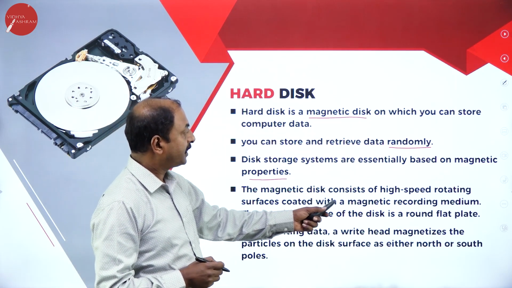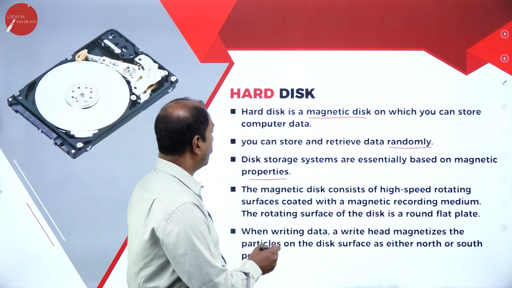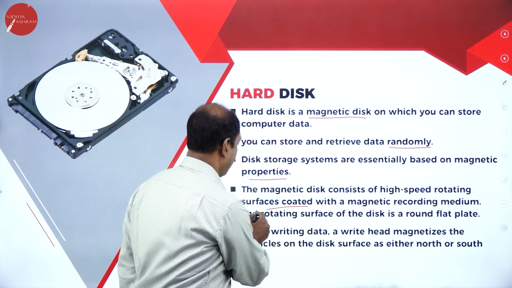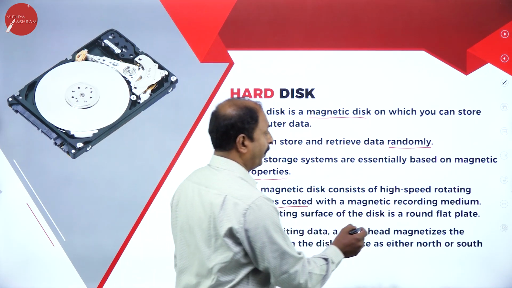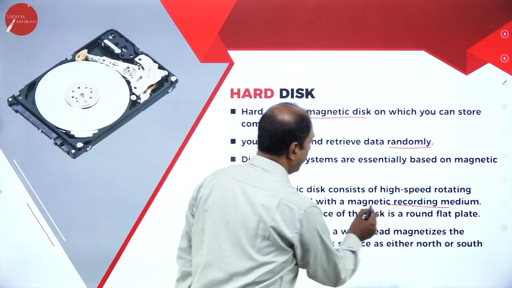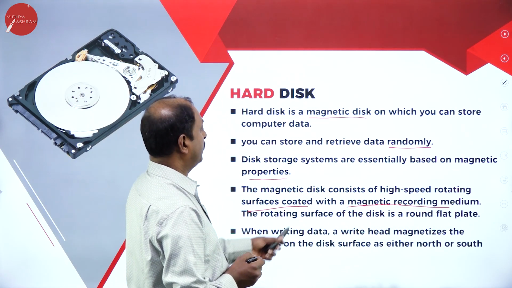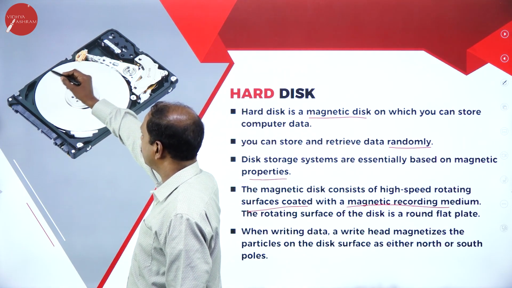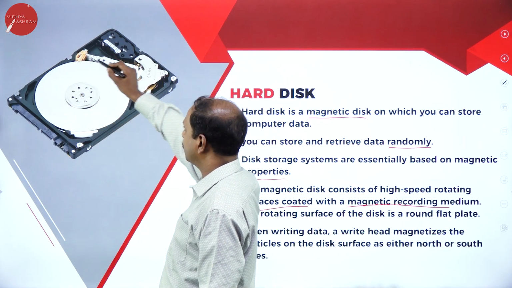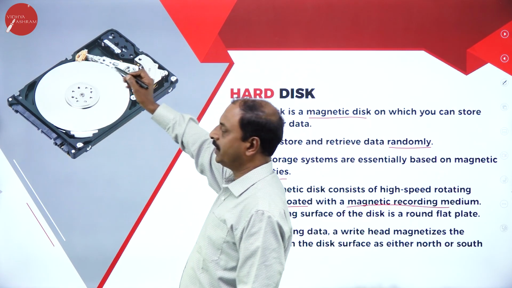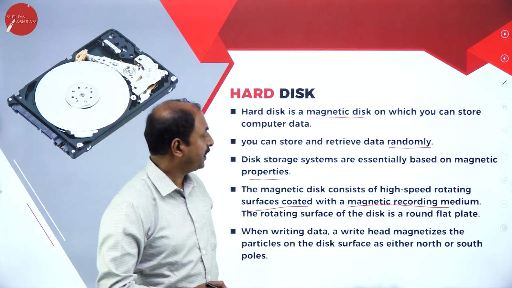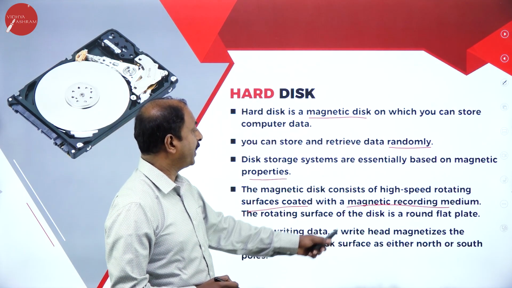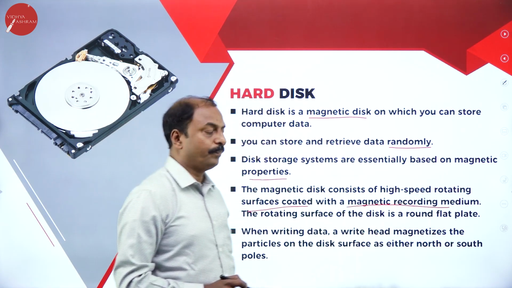The magnetic disk consists of a high-speed rotating surface coated with magnetic recording medium. This high-speed rotating disk surface is in the form of a circle. This is a rotating disk, coated with magnetic recording medium.